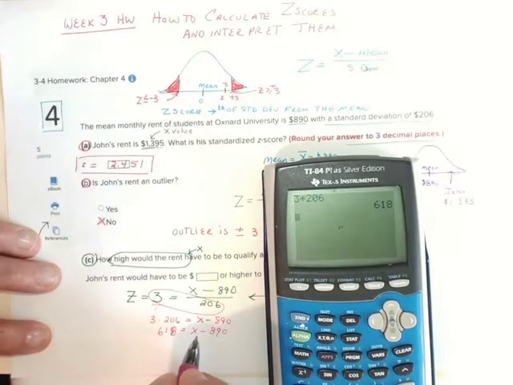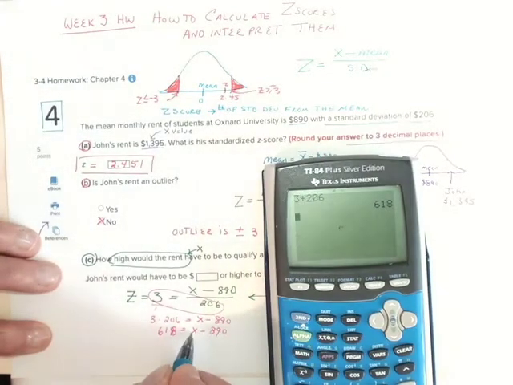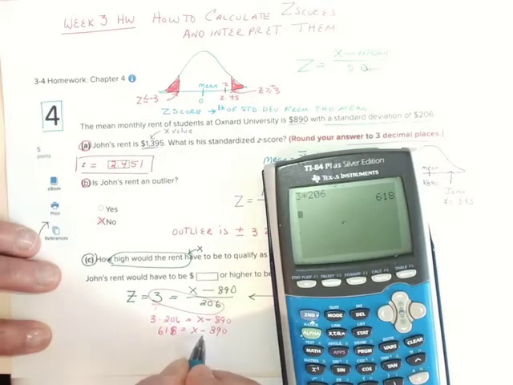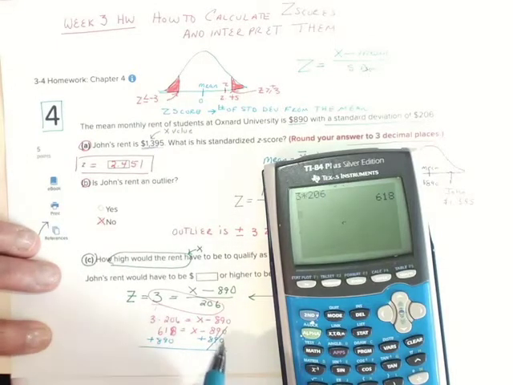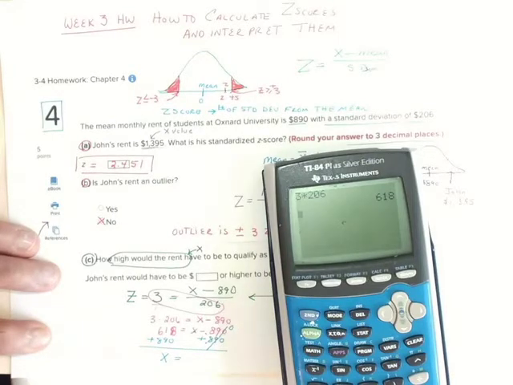And then remember that to isolate the x, you're going to add 890 to both sides, because 890 minus 890 is 0. So now you have your value of x.